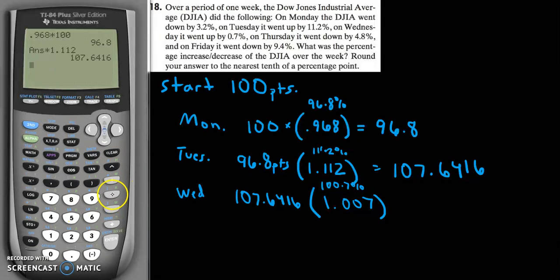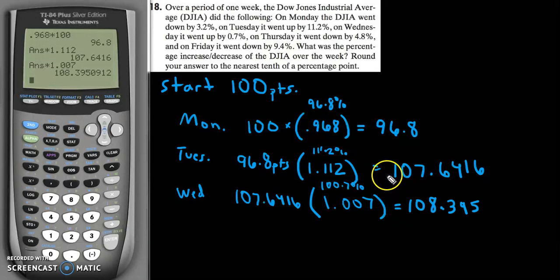So yesterday's worth times 100.7% as a decimal. So at the end of that day, it was worth 108. And we'll round somewhere just so we don't have to write so many.